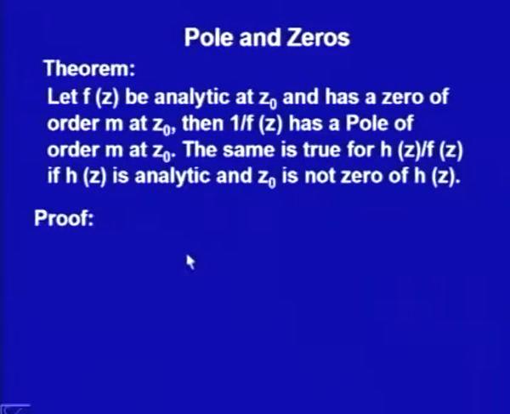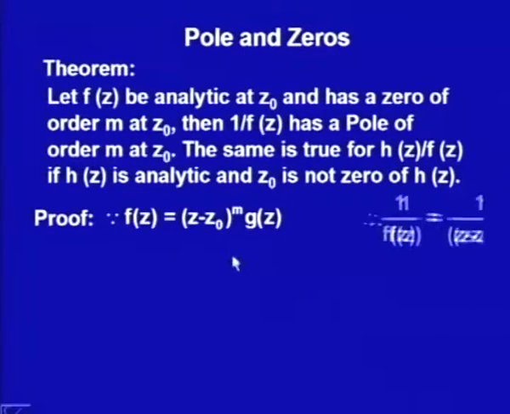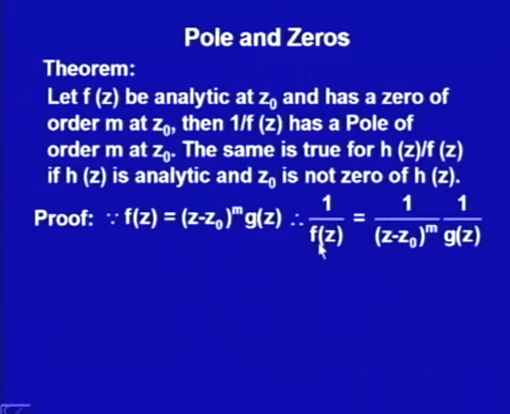Now the proof of this. Since f z has a 0 at z naught of order m, we could write f z as z minus z naught to the power m into g z, where g z is an analytic function and g at z naught is not 0. So, 1 upon f z, I could write as 1 upon z minus z naught to the power m into 1 upon g z.